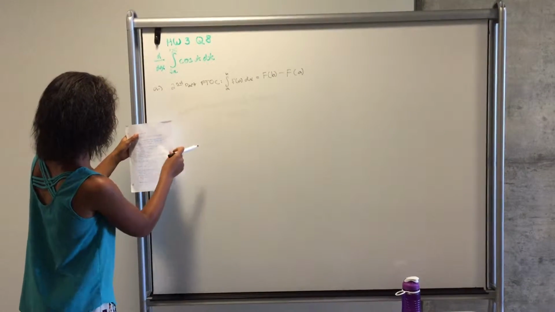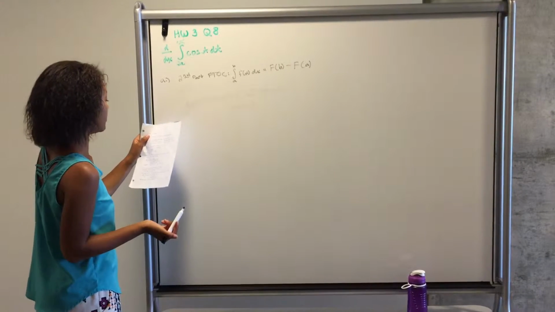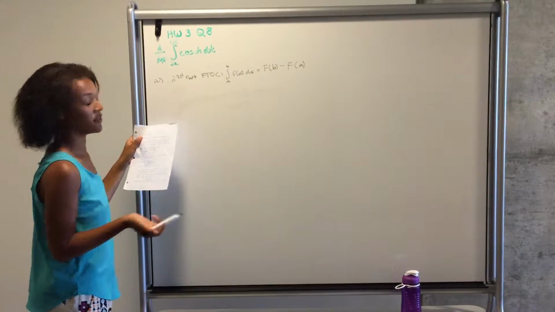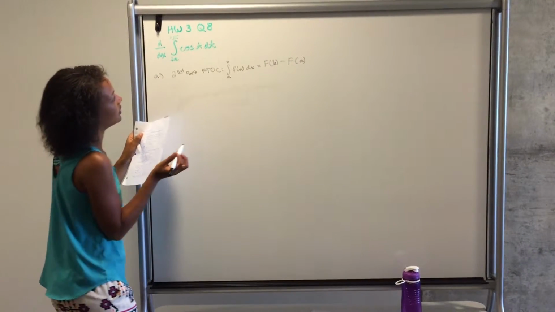So first, by evaluating the integral and differentiating the result, I'll have to find the antiderivative of cosine t, which is sine t plus c.